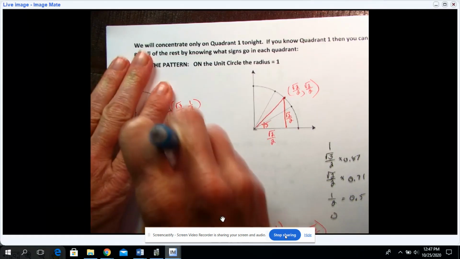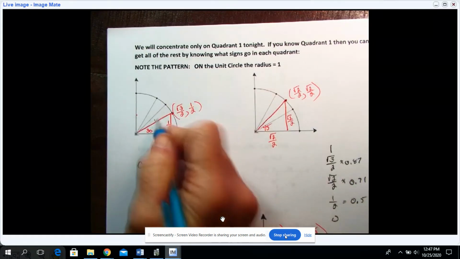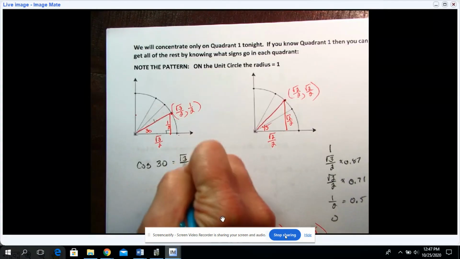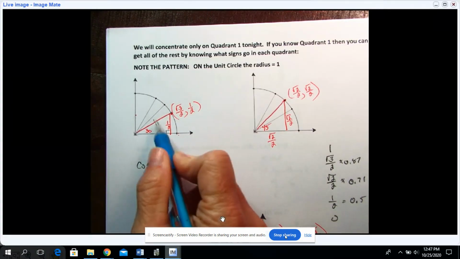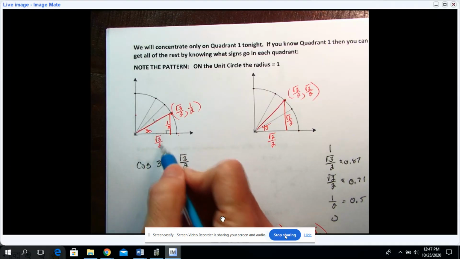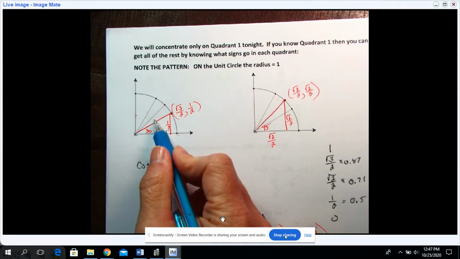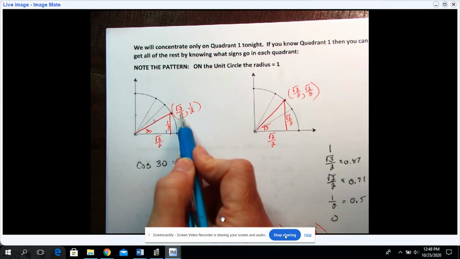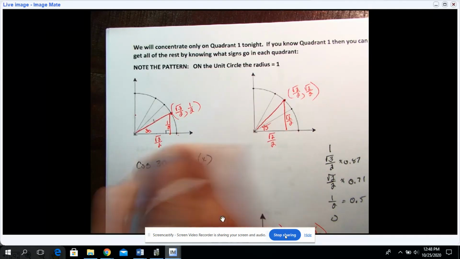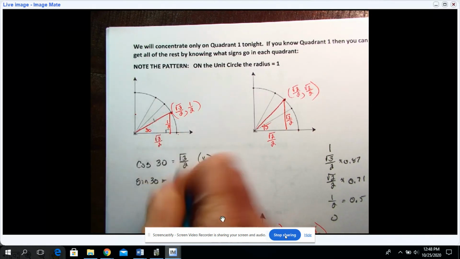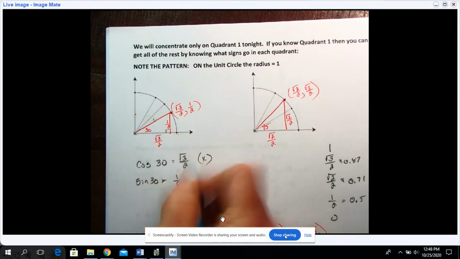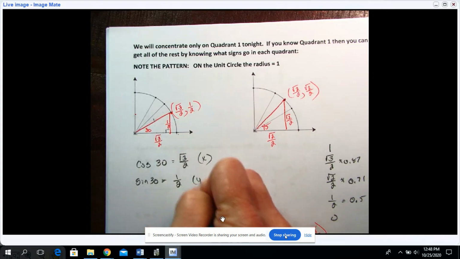Oh no, my bad. Cosine is adjacent over hypotenuse. Square root of 3 over 2. I knew something was wrong. So cosine is adjacent over hypotenuse, square root of 3 over 2 over 1, and cosine is the x value. Sine of 30 is opposite over hypotenuse, so 1/2 over 1. And sine is the y value.